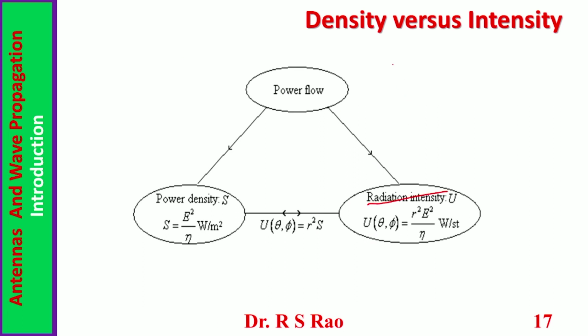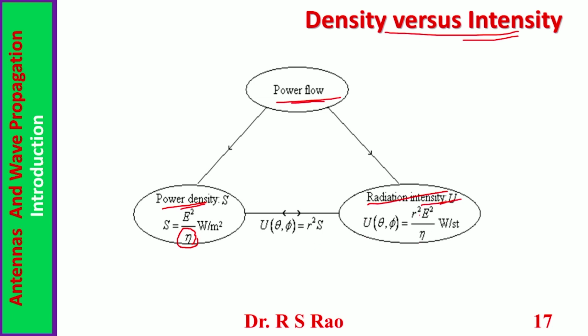Here is a density versus intensity comparison. Both refer to power flow. Power density is E squared by eta, with units of watts per meter squared. Eta is the intrinsic impedance of the medium, which is 120 pi if the medium is free space, and E is the field intensity.